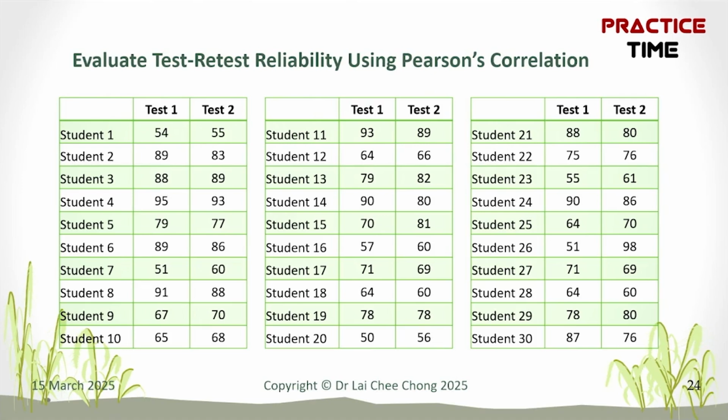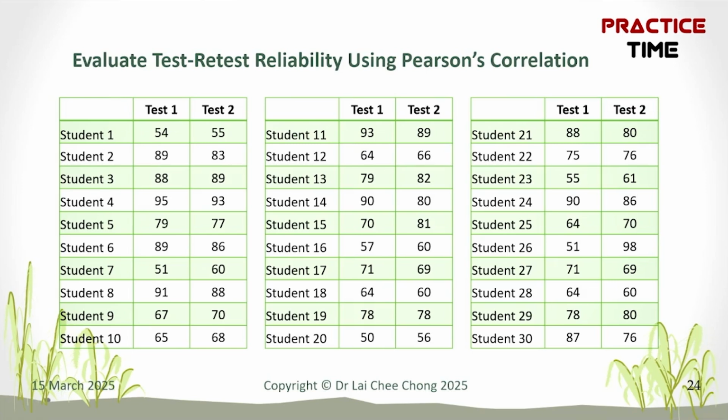So I'm constructing a second test, which looks quite similar to the first test. It's not the same, quite similar. And I test it again one more time after maybe 1 or 2 weeks, whatever that is. If the two tests come out highly correlated, the scores are about the same. That means my first paper actually has a very high reliability over time.